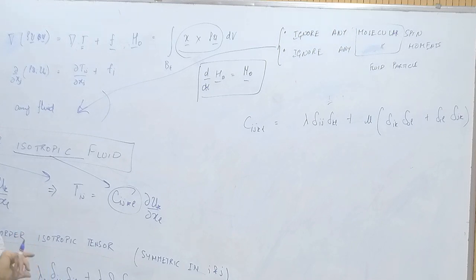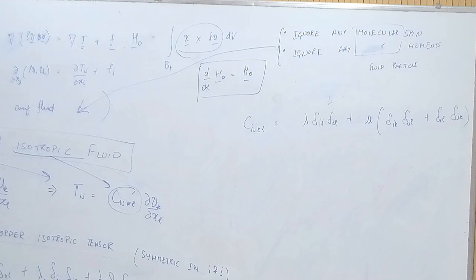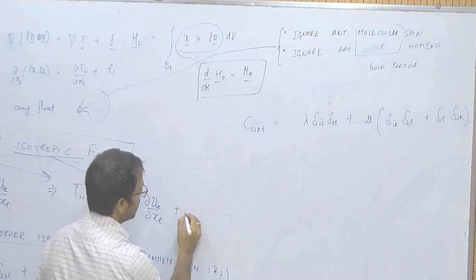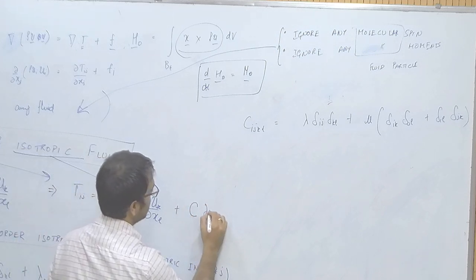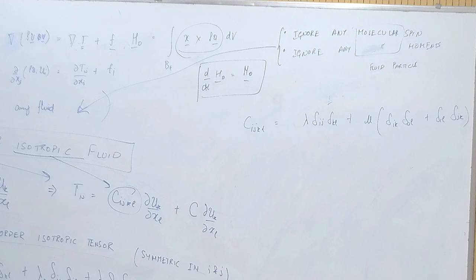Now, there is some constant which may be added to all of these, okay, and the proportionality sign will still hold. So basically the most general way of writing this proportionality is not just this, but some scalar constant times del uk by del xl as well. There is a fourth order tensor plus a scalar also possible. Okay.